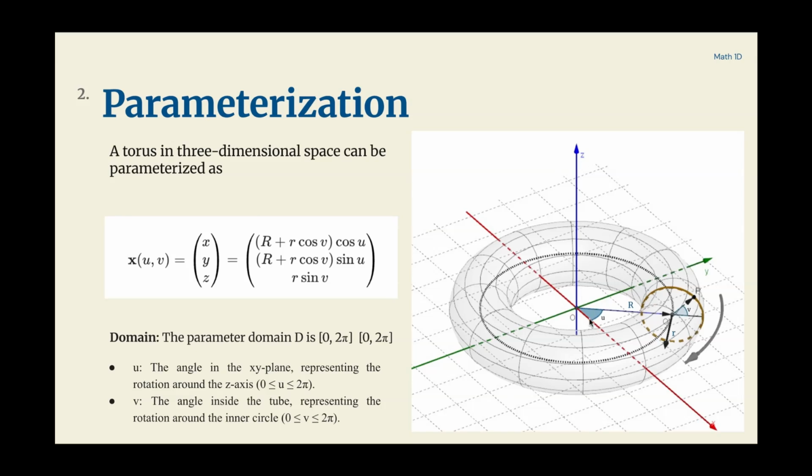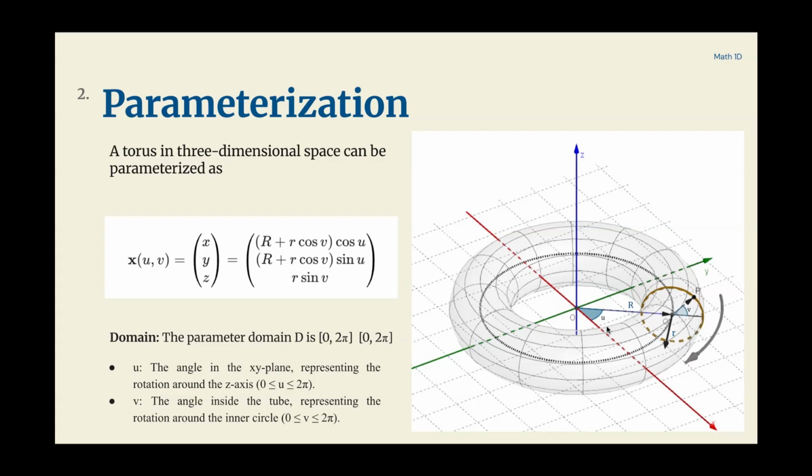So u is the angle that goes around the z-axis, the big R. And then I define v as the angle inside this tube, the small r, when it rotates around the big R. I define this angle v that goes positively towards the z-axis and then goes around. You'll see that the domain of these parameters is both from 0 to 2 pi.